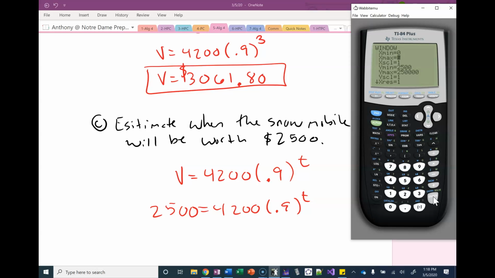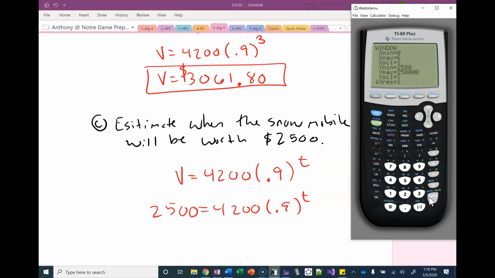Do we know specifically how big of an upper bound we should pick here? No. If you were to take a guess of getting it at least past 2,500, what number would you pick? 6 sounds wonderful. It's just kind of a guess. We don't really know. Anything bigger than 3 is probably reasonable because we were pretty close at 3 years, but 6 should definitely get us there, right? Okay.